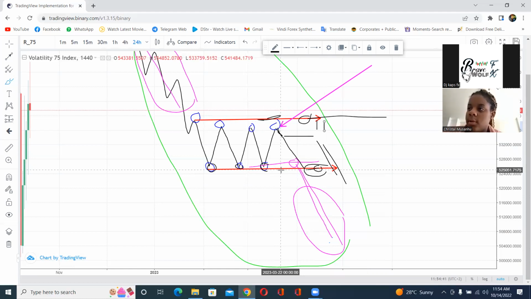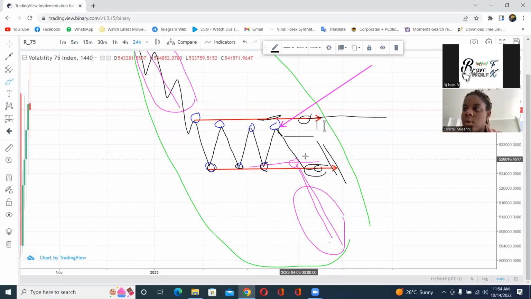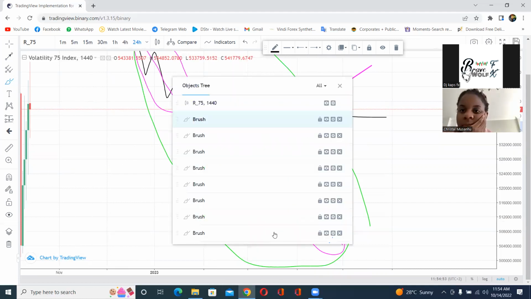I get it. So what if it was a buy position, not a sell? Where would the stop loss and the take profit be? It would be the other way around. Yes, if it was a buy position, let me clean this chart a little bit.